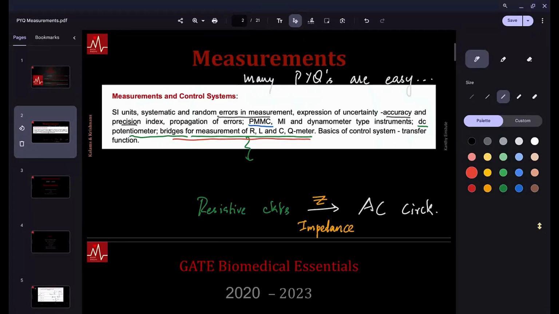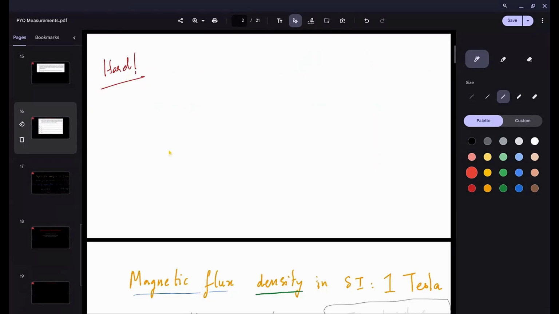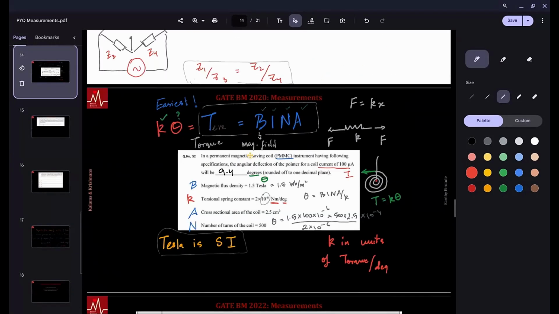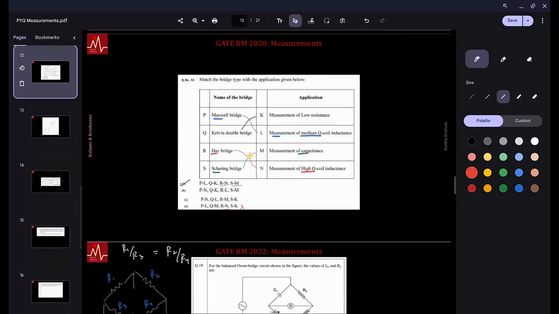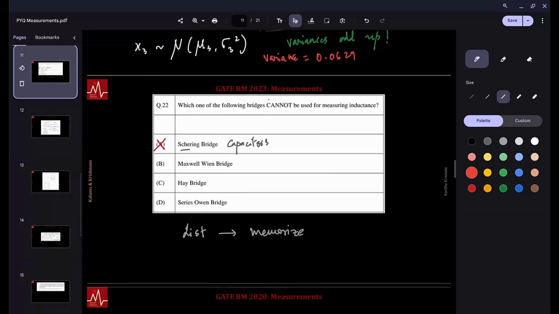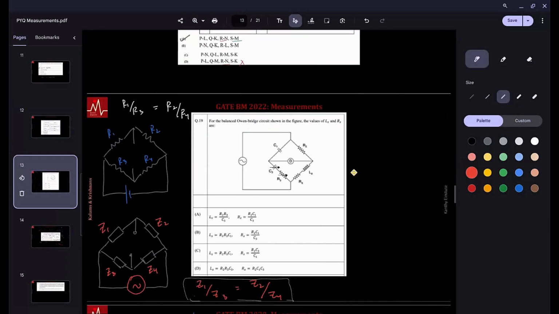So whatever we just studied shows up, almost every year. Either there is a theory question like this one, or theory questions such as what is used for what. 2023, 2020, 2022, right? So let's solve this question.